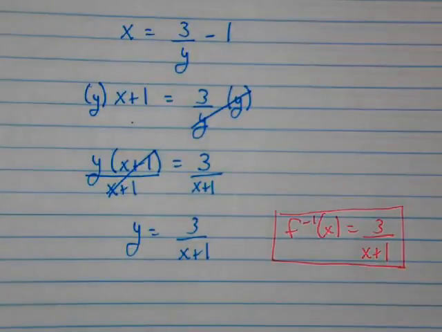Alright, so the next thing we want to talk about is, if we were to graph the function from the start, could we tell if it had an inverse function? Okay?